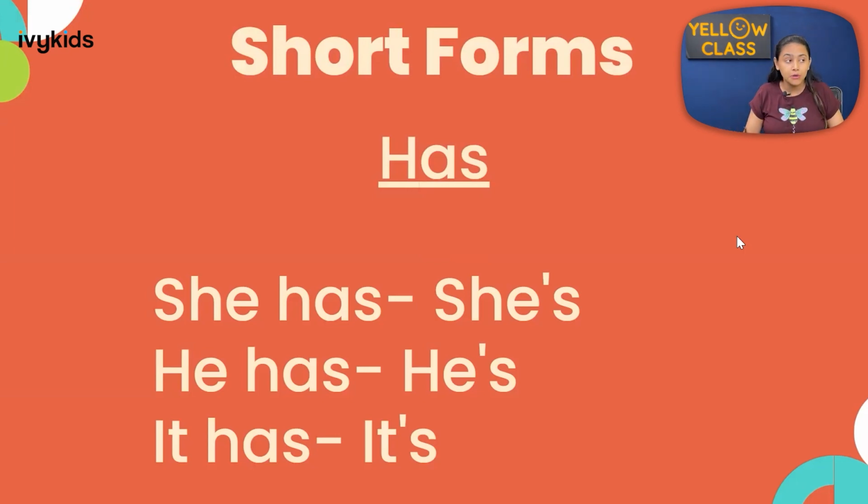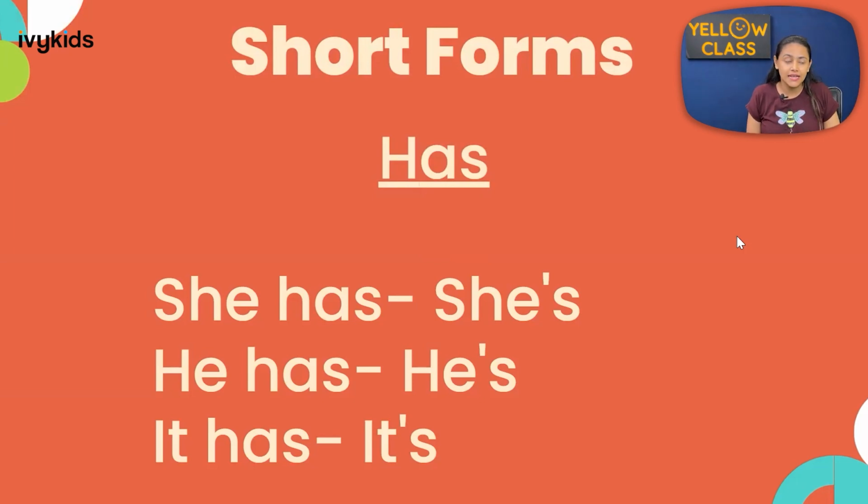So now my kids must be confused, ma'am, apostrophe S, does it define is or has? So my kids, you need to understand this. We need to observe the sentence, understand the meaning of the sentence and then decide whether this apostrophe S is for is or has.